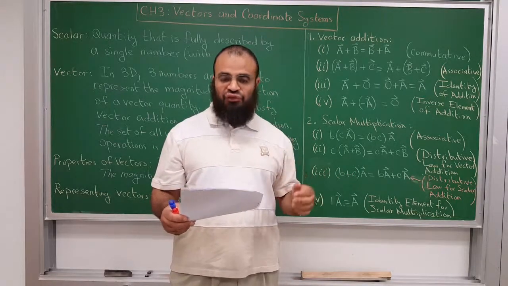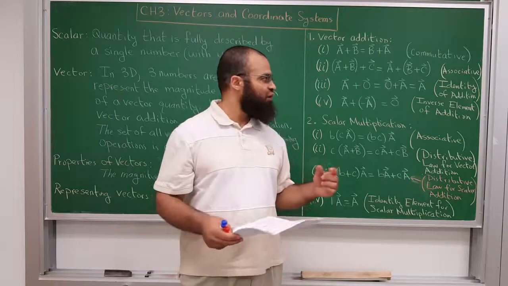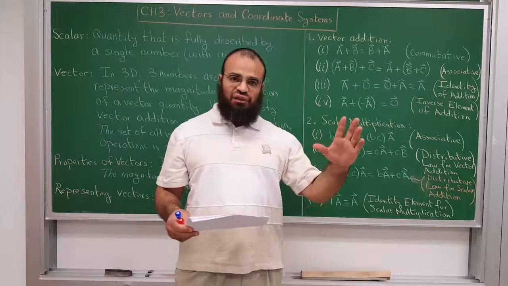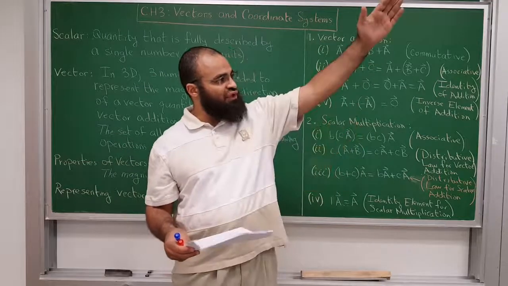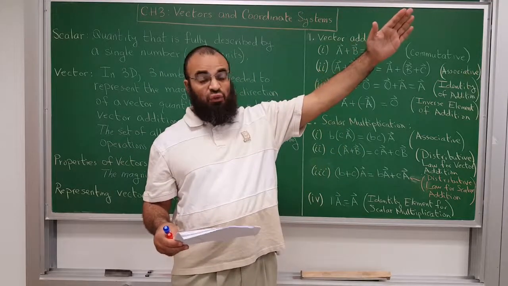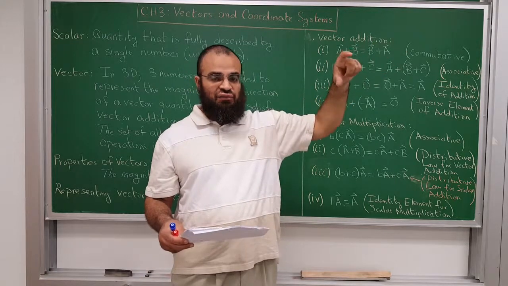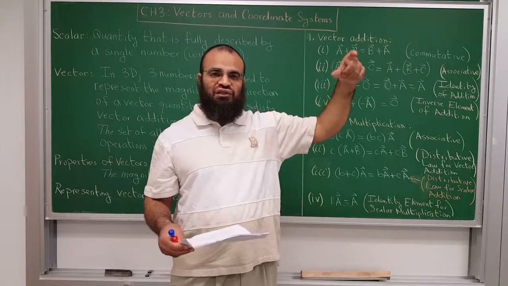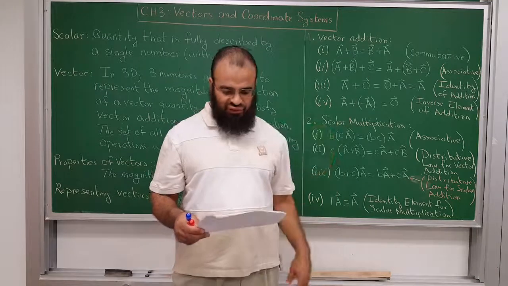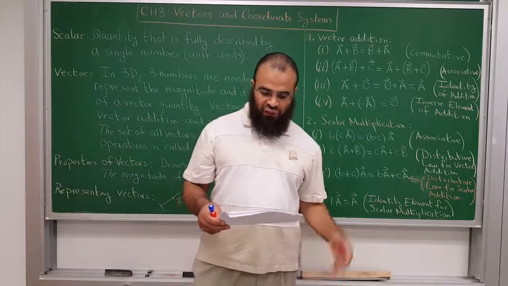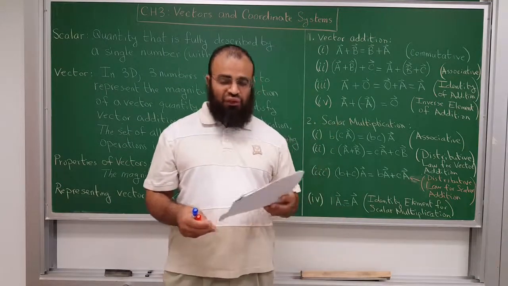And then you have to choose unit vectors. Unit vectors are vectors. Let's say you have vector A that points this way. A unit vector will point exactly in the same direction as vector A, but it has size 1 because it's a unit vector. It has length 1 unit. And there are different coordinate systems again.